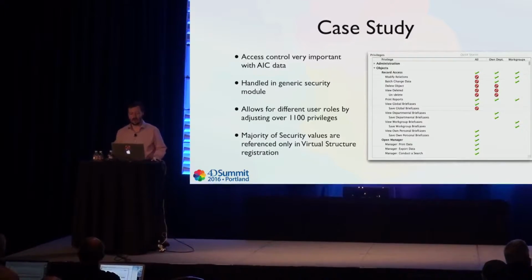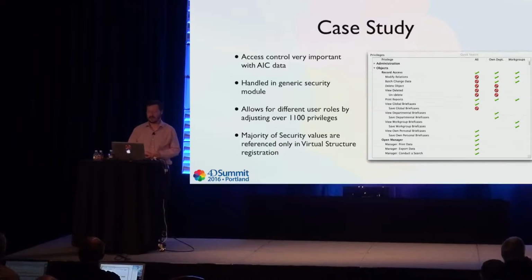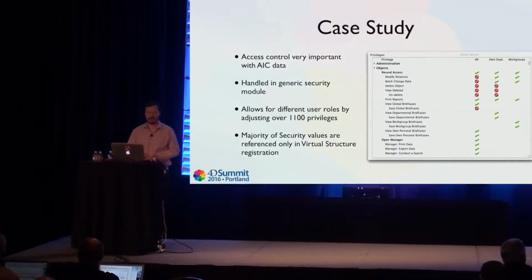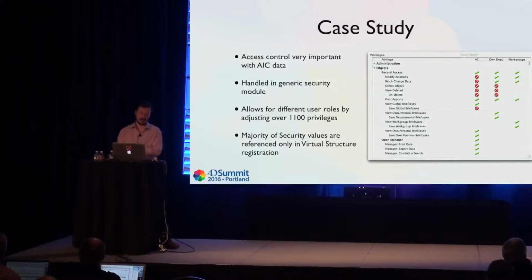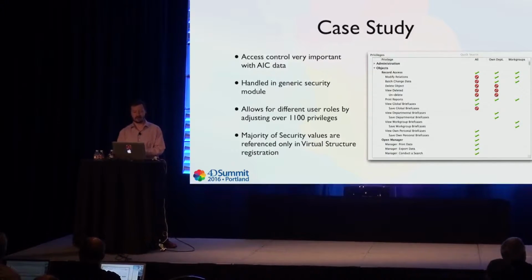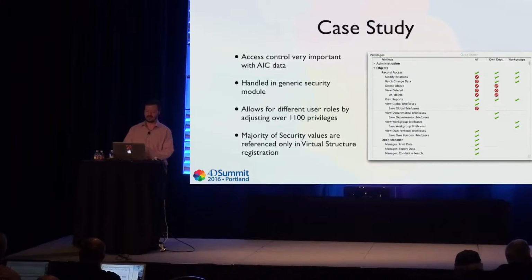So coming to our access control at the museum, these are all the privileges. Every single field has view and modify privileges, along with functionality throughout the application. And access control is very important for our data, as you can imagine. It's a several billion-dollar art collection, and there's lots of buried secrets in there. The security module is all basically generic, as is this interface.